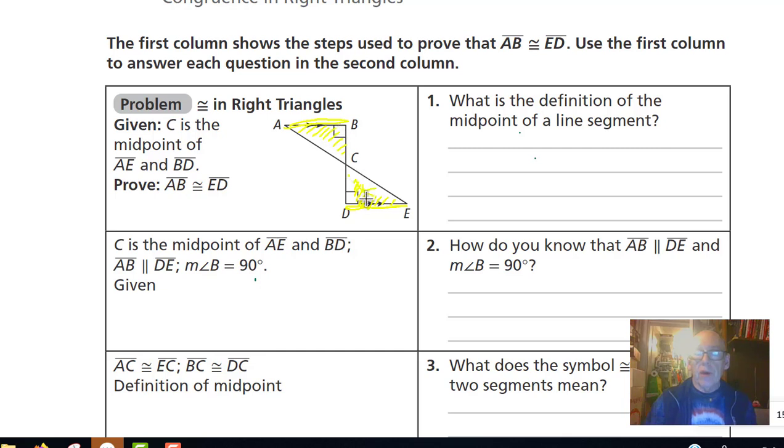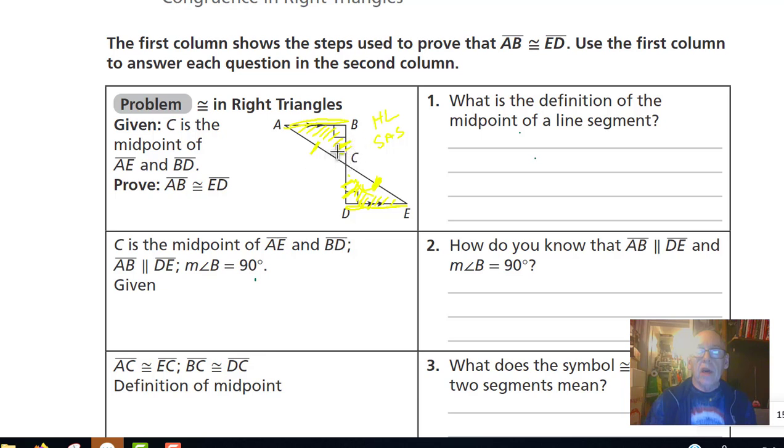Now we can see we have right triangles, so that opens up hypotenuse leg as a possibility, or maybe side angle side, depending on what else we're given. They also tell us that C is the midpoint of AE. So if C is the midpoint of AE, that means the two hypotenuses are congruent to each other. And if C is the midpoint also of BD, that means these two legs are congruent.